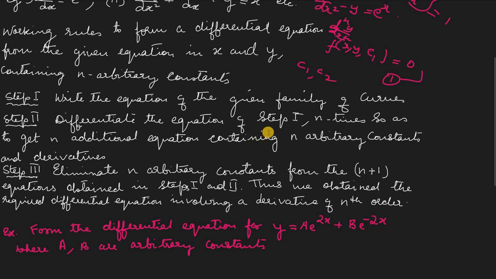You differentiate the equation of step 1 n times so as to get n additional equations containing n arbitrary constants and derivatives. Then you eliminate the n arbitrary constants from the n plus 1 equations. Why is it n plus 1? Because the given family of curves is equation 1, and since it involves n arbitrary constants, you differentiate it n times, so there will be n plus 1 equations obtained in steps 1 and 2.